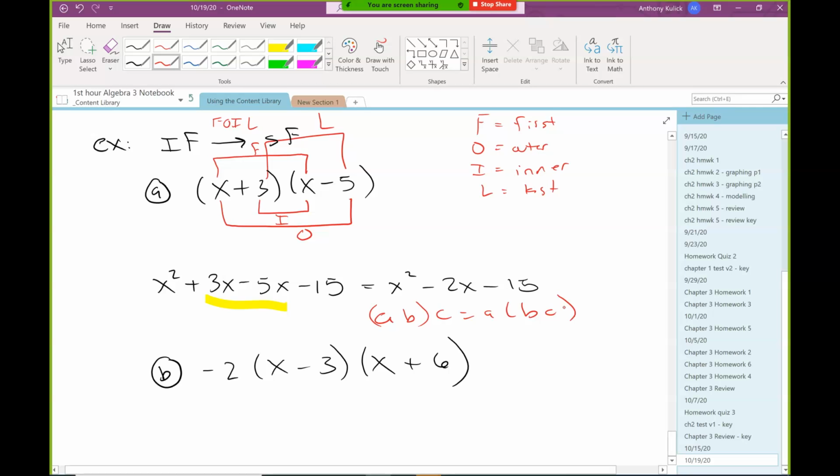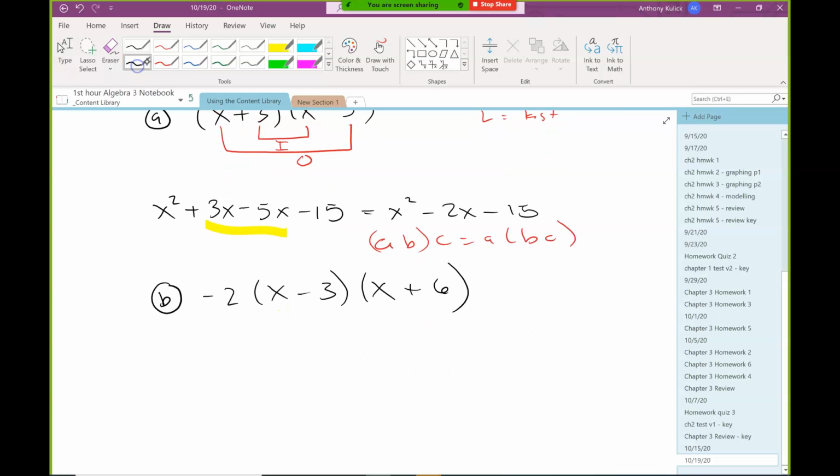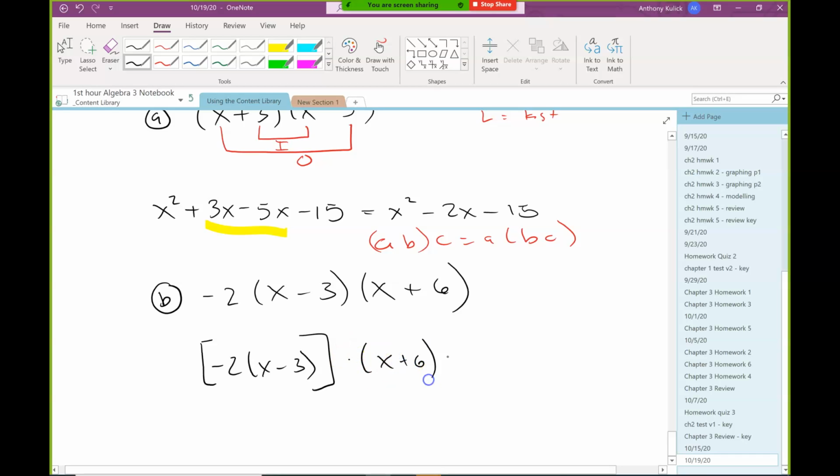So we have some options here. We could do -2 times the x minus 3, and then take that answer and multiply it by the x plus 6. Or we could multiply the x minus 3 and the x plus 6 together, and take that answer and multiply it by the -2. Either option is okay.